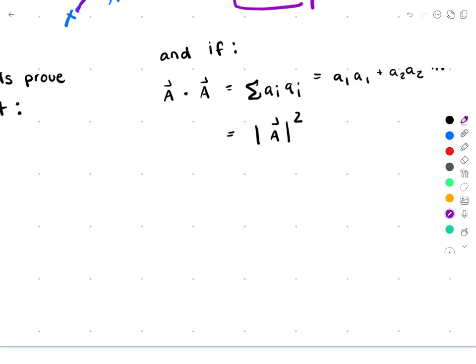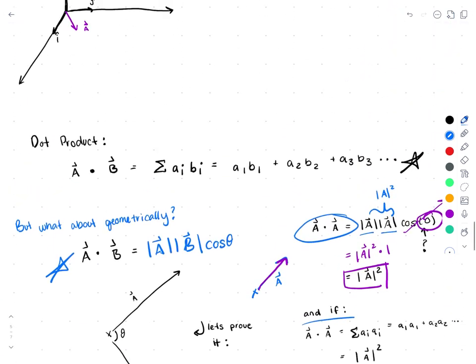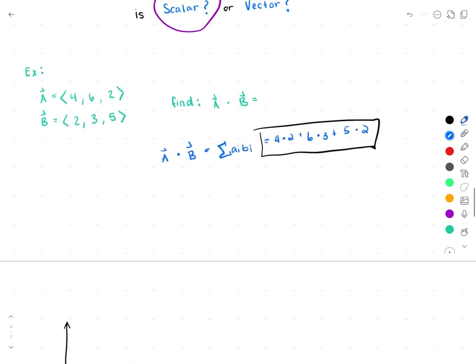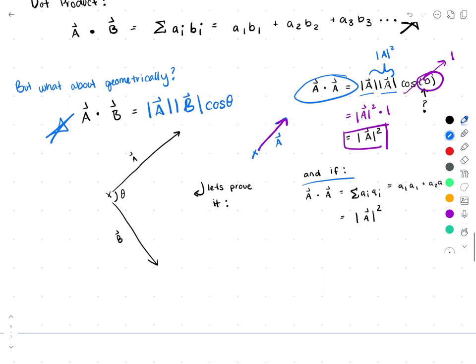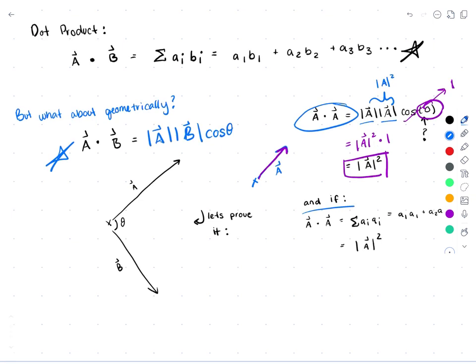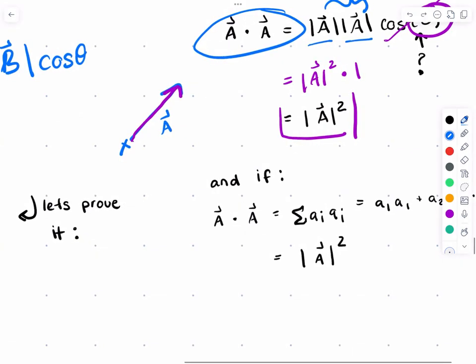And if we look down here, if I do the same computational approach that I took up here, it's going to end up giving me that A1 times A1 plus A2 times A2.